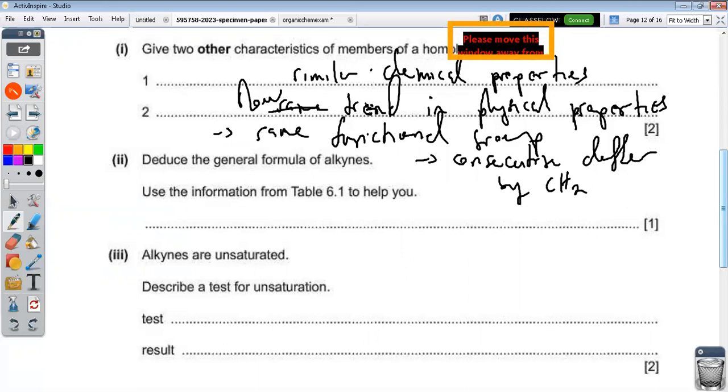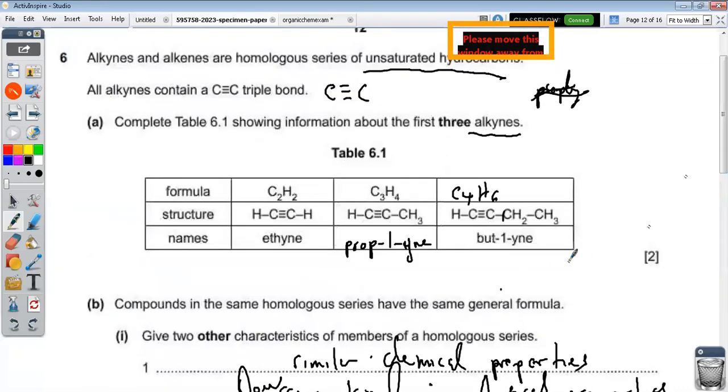Deduce the general formula. This is one of the questions where you might lose a mark. So let's look at this. What could be the general formula here? They're saying deduce. Let's see here: H1, H2, then H3.